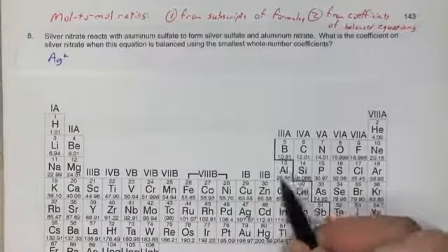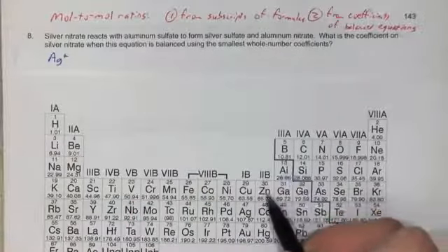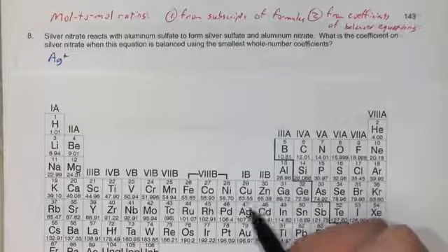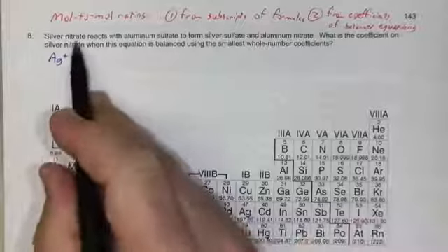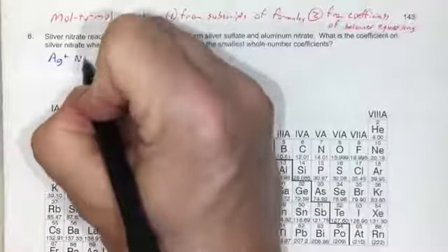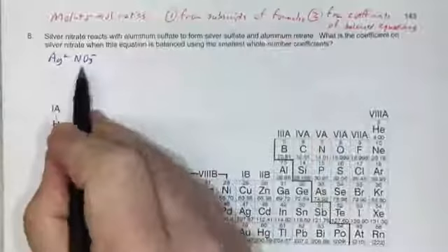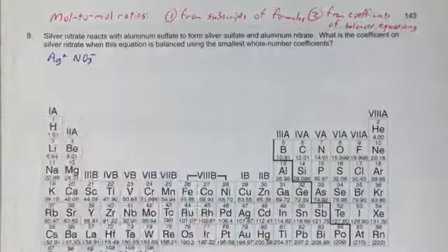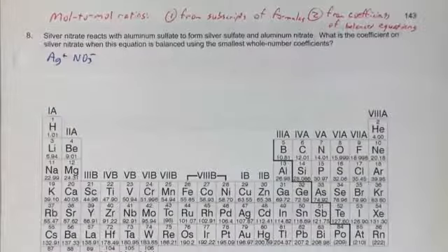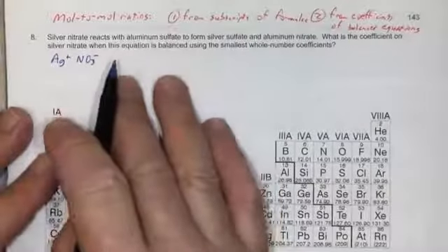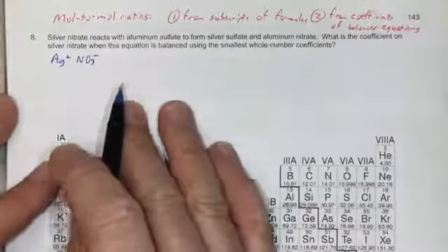But in this diagonal, aluminum is plus 3, zinc is plus 2, silver is plus 1. So the charge of the silver cation is plus 1. That's silver. And then nitrate is NO3 minus 1. You just have to memorize that. There's not an easy way to get that off of the periodic table. Okay. So the formula for silver nitrate is AgNO3.